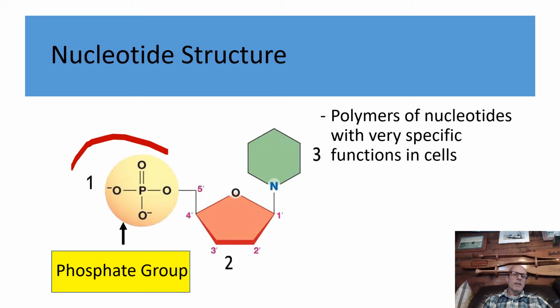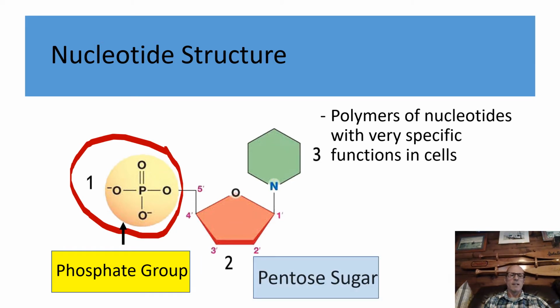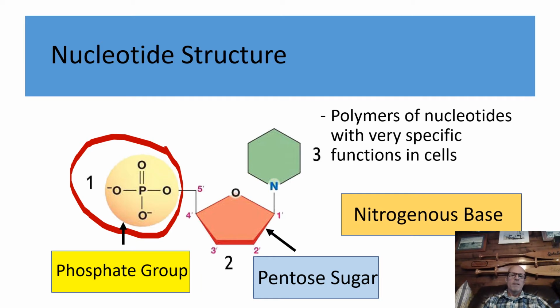Number one, there's a phosphate group, and that phosphate group makes up part of the very important sugar phosphate backbone of DNA. Number two, there is a pentose sugar. In the case of deoxyribonucleic acid, or DNA, that pentose sugar is called deoxyribose sugar.